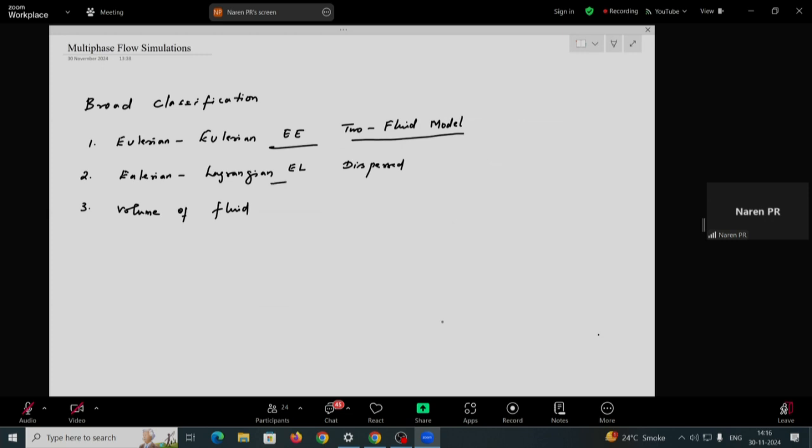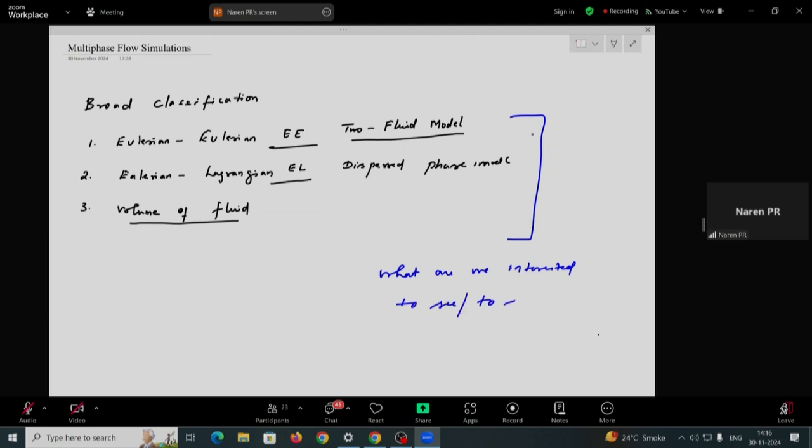We have the Eulerian-Lagrangian, which is the dispersed phase model. And we have volume of fluid. All this depends on what we are interested to see, that is, to simulate.